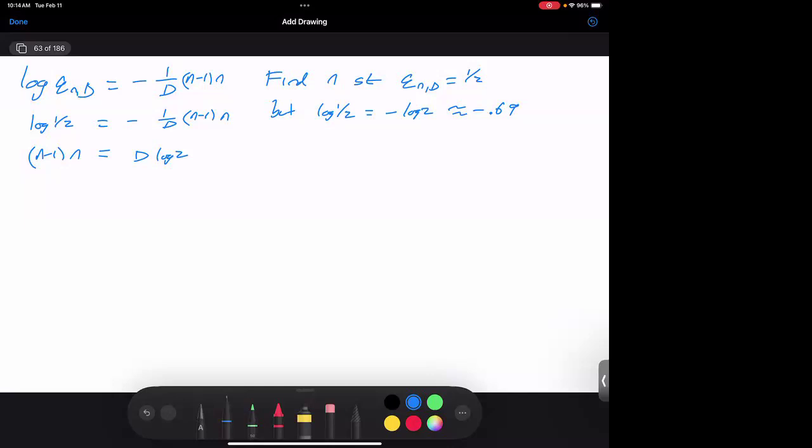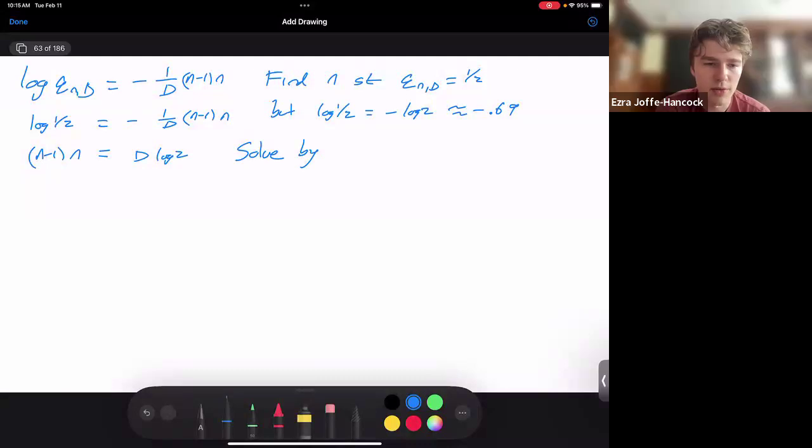How can we solve this? So how would you solve this? We're trying to solve for n. We know n minus 1 times n equals d log 2. How could we solve?